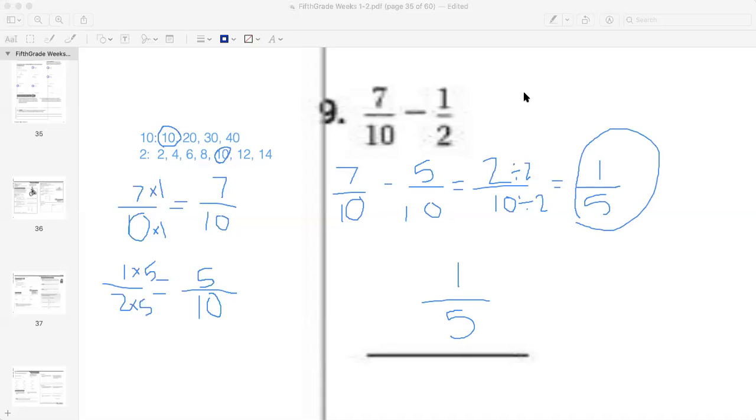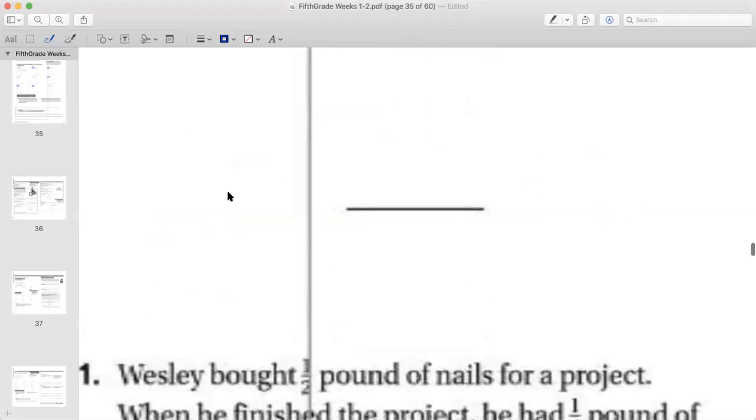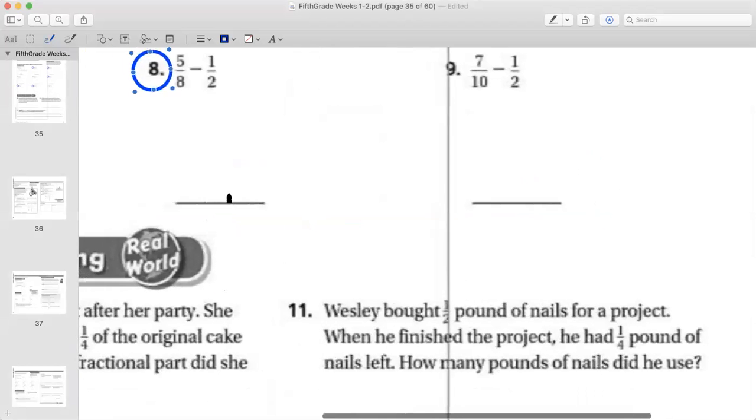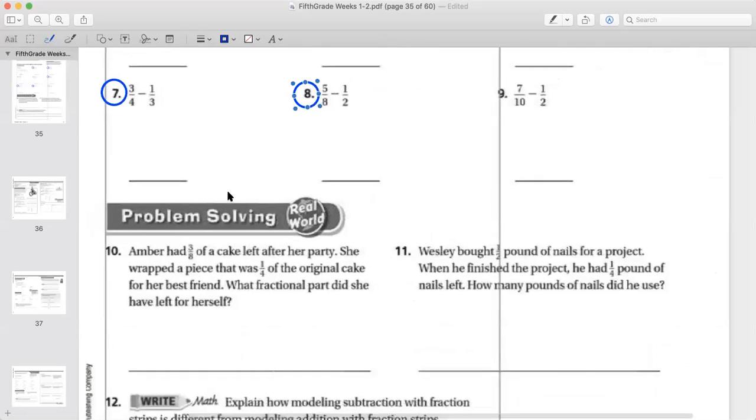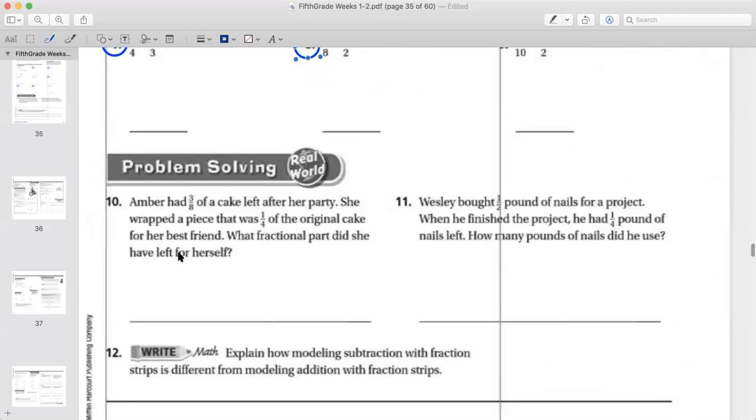All right. And then I think there's 2 story problems on this page maybe. So we're going to check those out. All right. We have Amber. She had 3/8 of a cake left after her party. She wrapped a piece that was 1/4 of the original cake for her best friend.